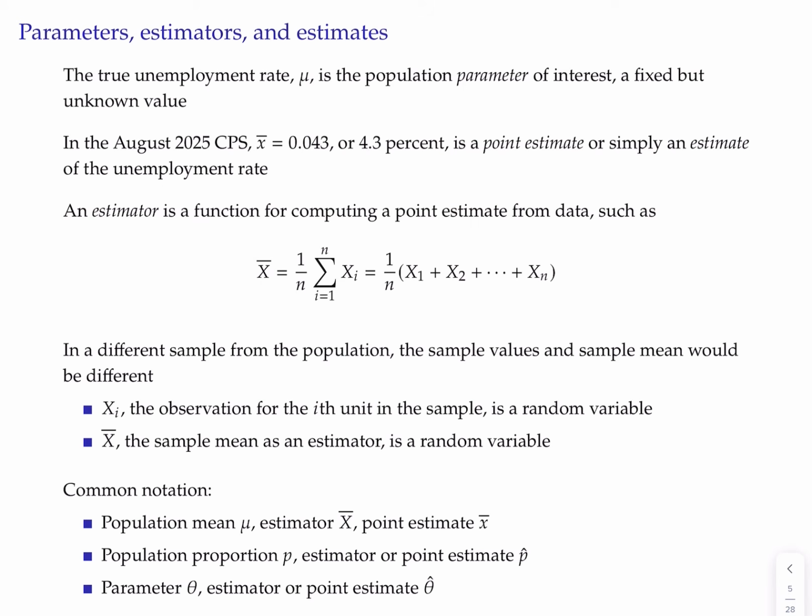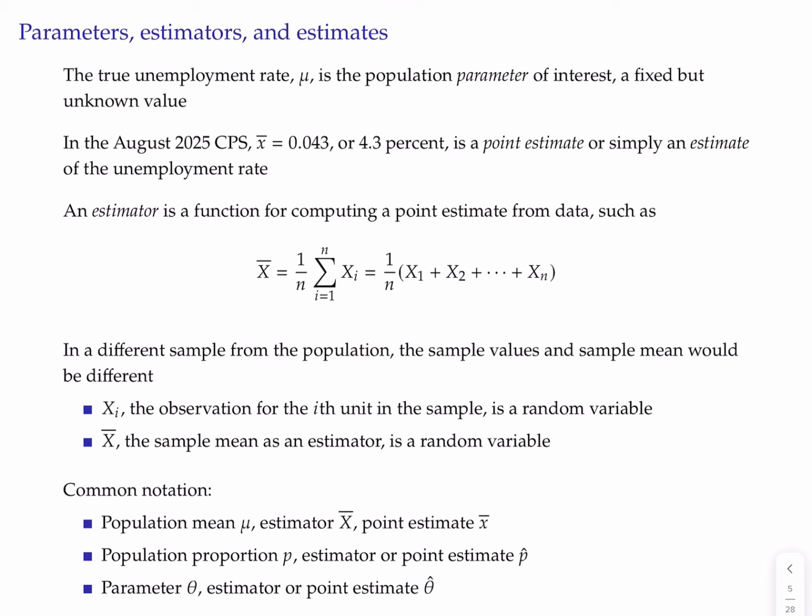When we talk about an estimator, we're thinking about this process from the standpoint of before we take the random sample in the first place. So if we had taken a different sample instead of the 60,000 households we did survey in August, then the number of people who were unemployed would probably be slightly different, and our estimate of the unemployment rate would be slightly different.